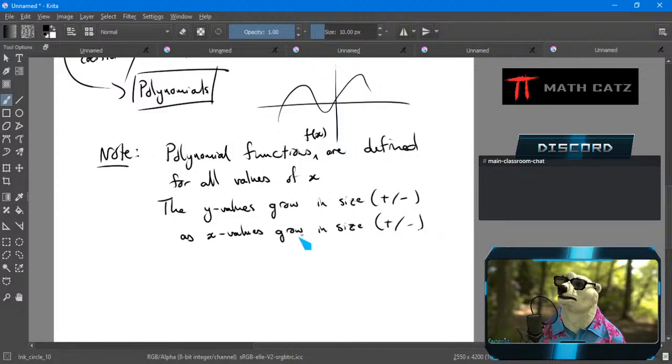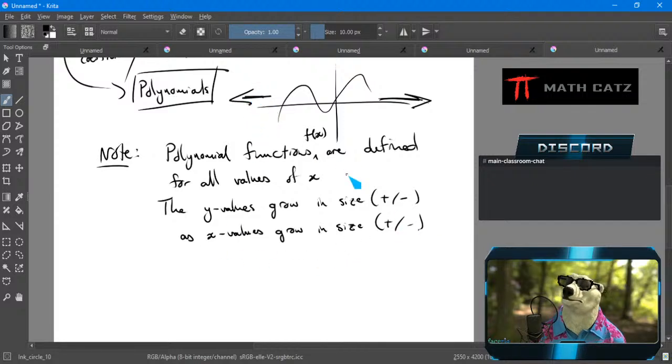If the x value grows in the positive direction, of course, then I'm going to the right. Then the graph is always going to go either down or up forever. It's never going to stop. So the size of the y value, the absolute value of the y value, is going to grow. It's just a question of, is it going to be negative or positive? If I go very far to the left, the x values grow in size, but negative.